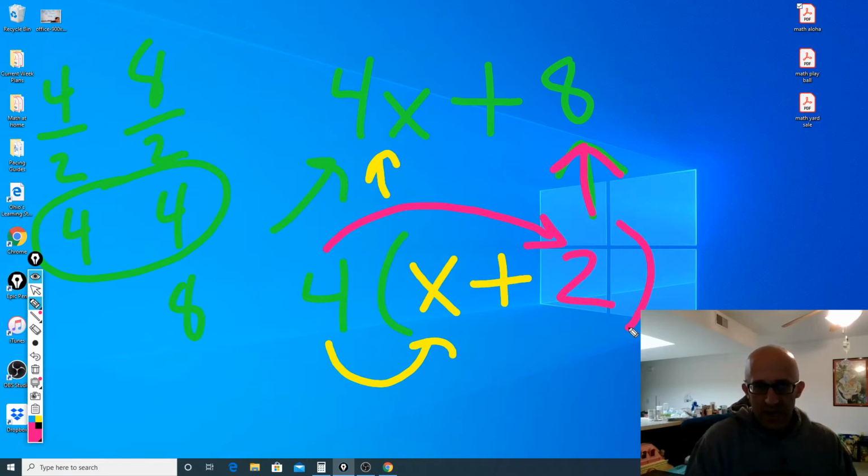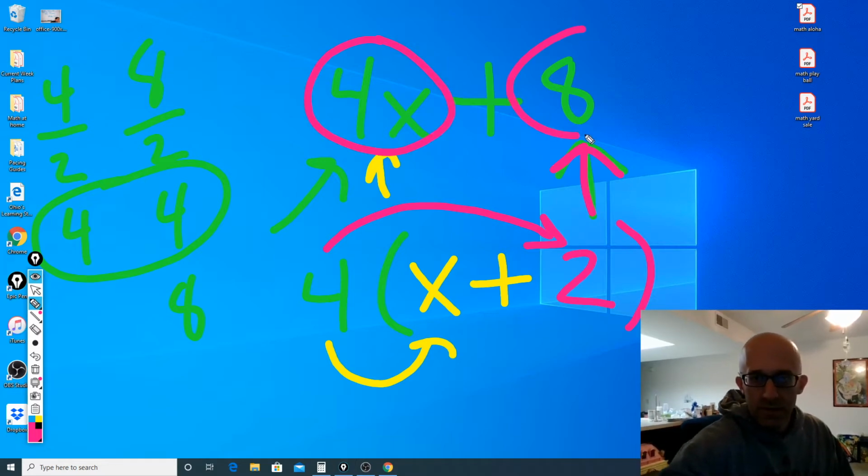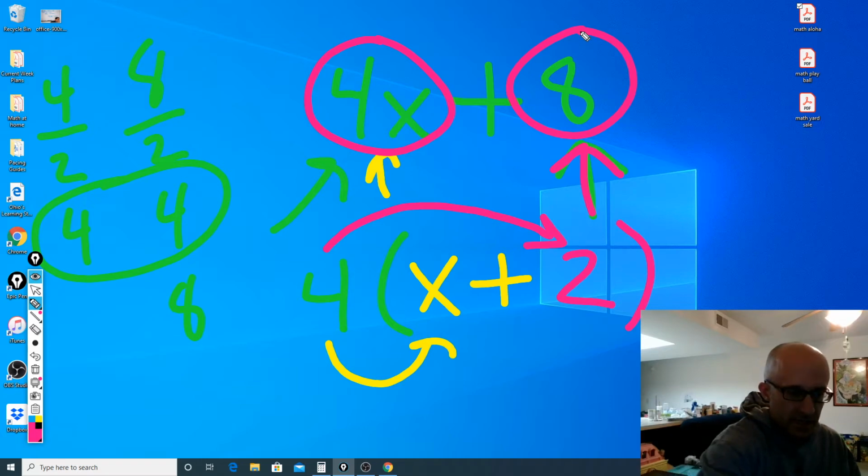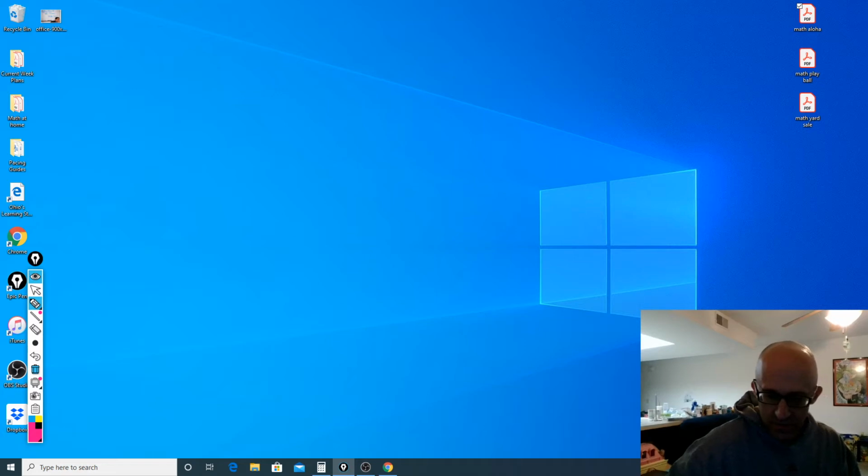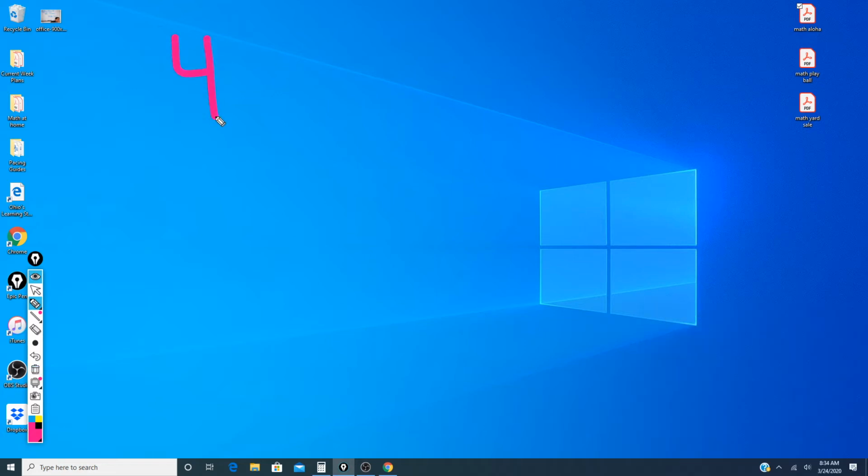So when you say, how do you factor something out? First thing you got to do is find your greatest common factor, for both of your terms right there. So in the instance of 4x plus 8, find your GCF, your greatest common factor, first before doing anything.